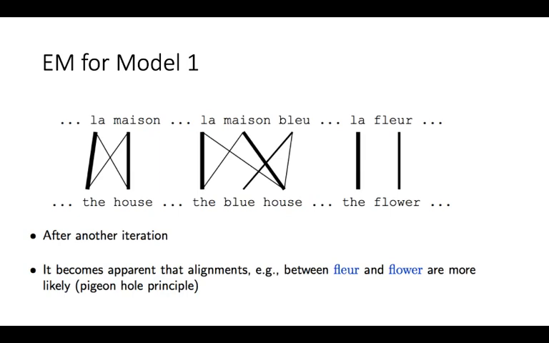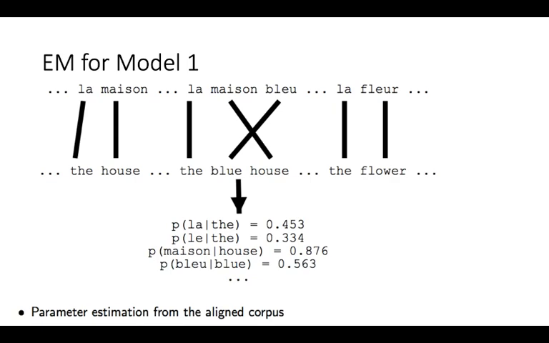After more iterations, the translation probability will converge to very stable numbers, and then we have the translation probability. This is what you asked just now. We can estimate the translation probability here, and we also have the word alignment here.